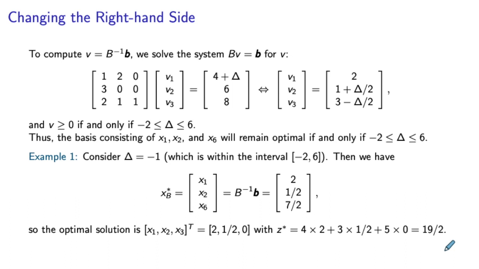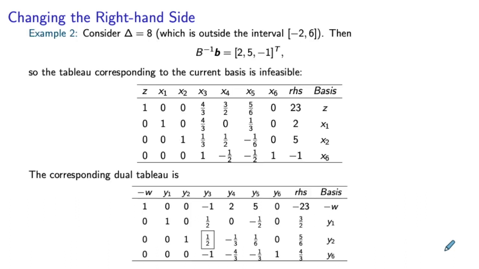But now let's look at a case when we have delta which is outside of the range. So delta is equal to 8, which is outside of the interval between -2 and 6. Then if we compute B inverse times b, we are going to get some negative values in the right-hand side. So in particular, if we do the computations, the new tableau that we're gonna get will be this right here.